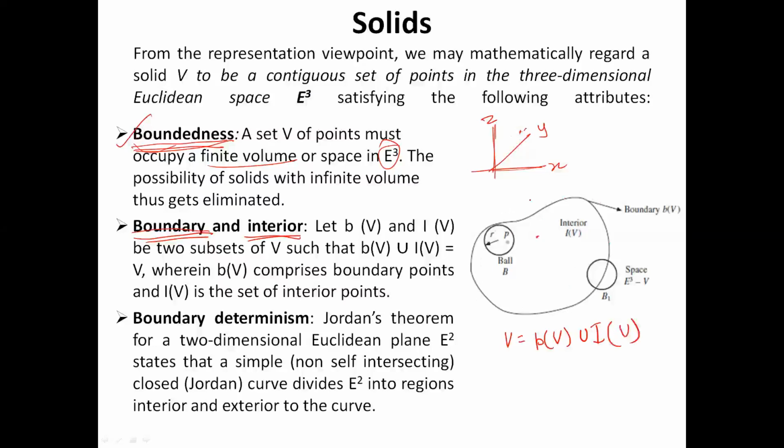When you talk of boundary, boundary is nothing but defining the extreme points which are going to define the features of that individual object. And whatever points lie within that defined boundary are called the interiors.